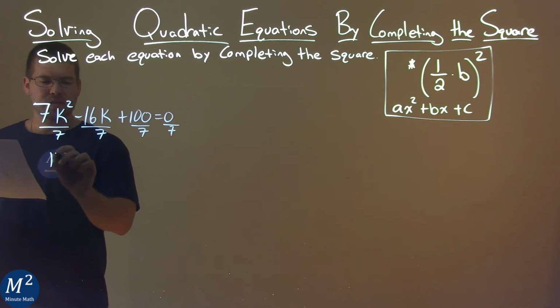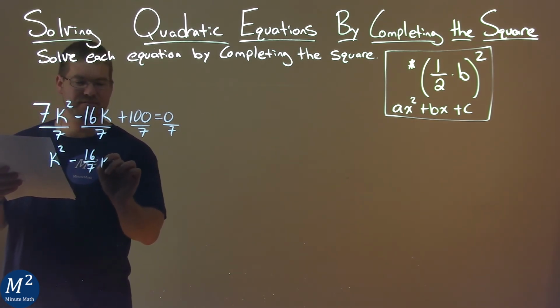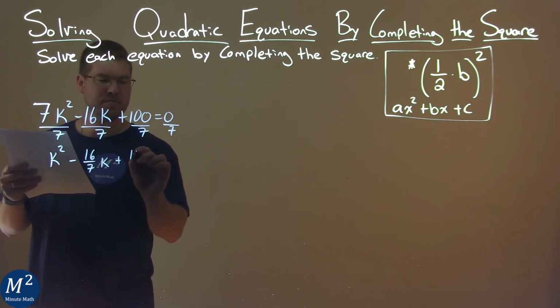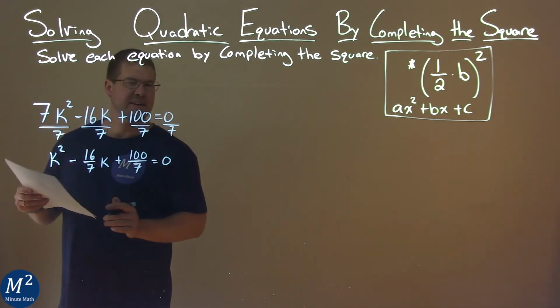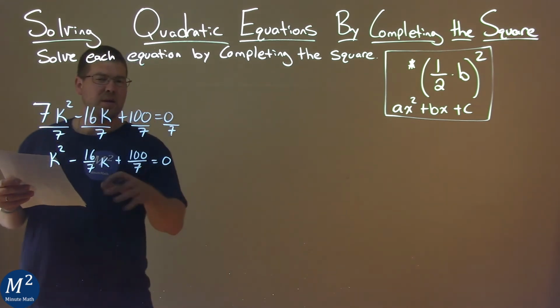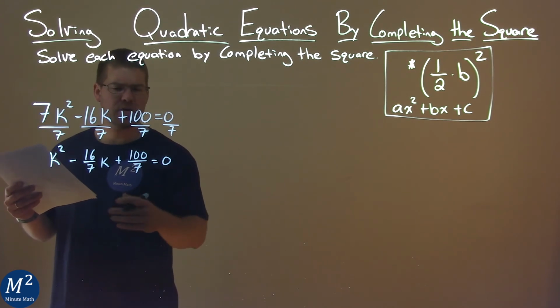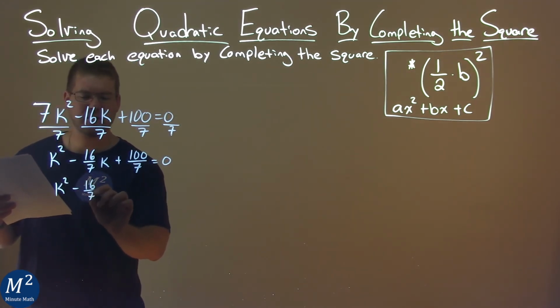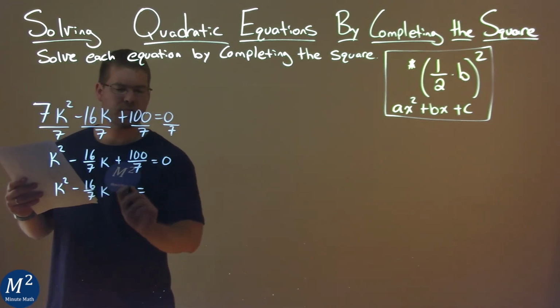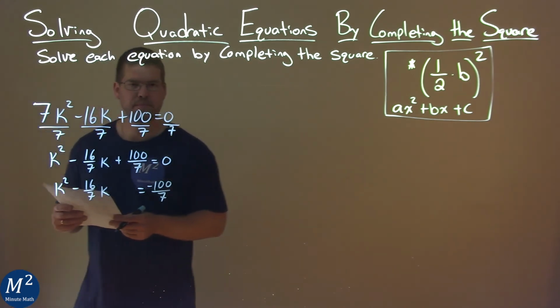Coming down, we have just a k squared here, minus 16/7 k, plus 100 sevenths, and that equals 0. Not pretty. Same process still applies though. Don't be afraid of the fractions. Subtract 100 over 7 from both sides. So we have k squared minus 16/7 k equals, I left a space there, negative 100 over 7.